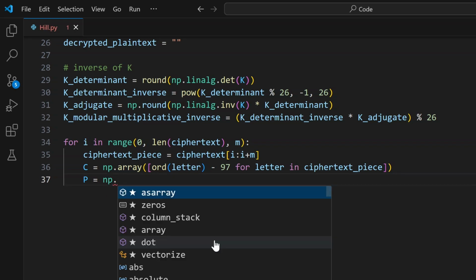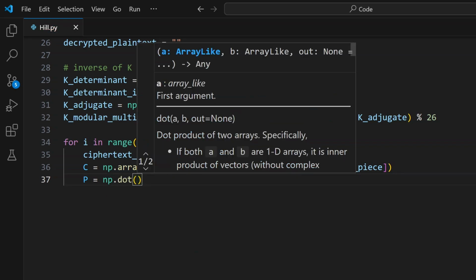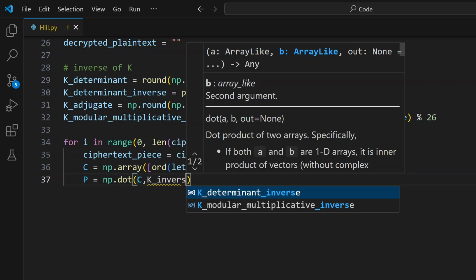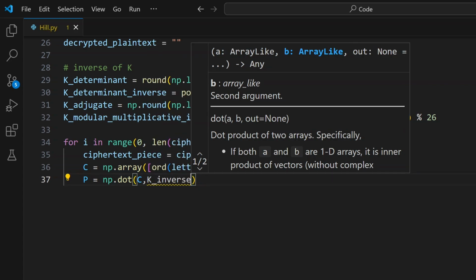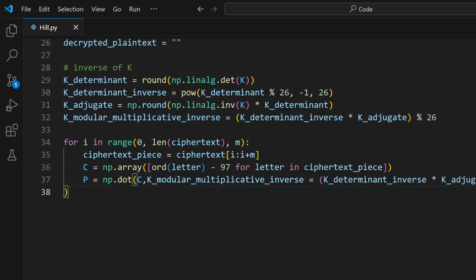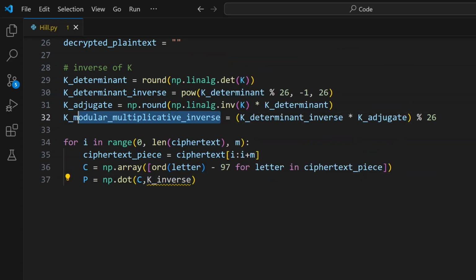Our calculation just involves us doing the dot product of that ciphertext piece with the K inverse, which we just used there. So that long thing that we have there. Let me just take this part to replace that. And then once again, modulo 26.